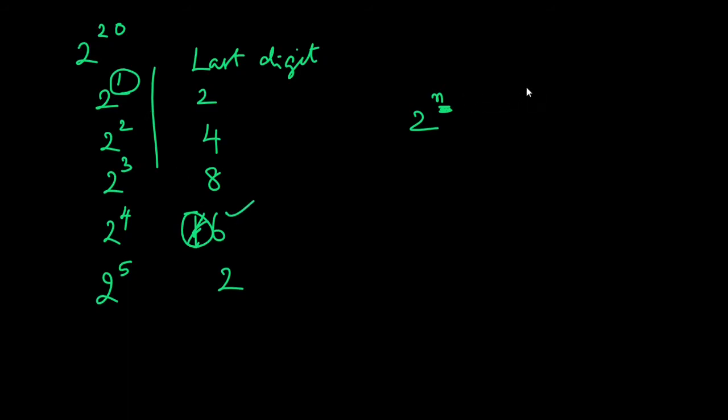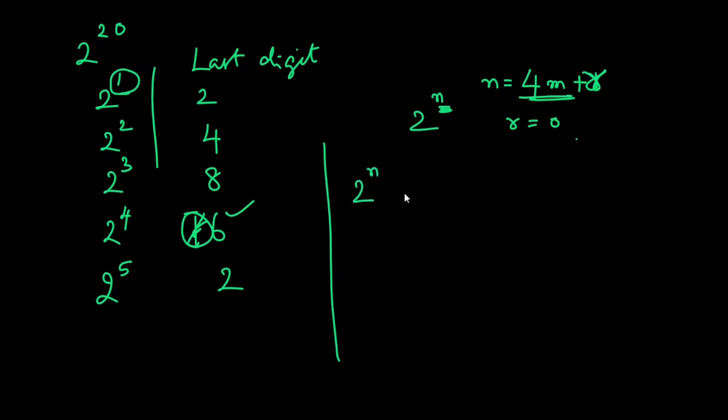So if we are able to write n as 4m plus some remainder r, if r is 0, that means it is divisible by 4, the last digit is 6. So 2 power n, where we are able to write n as 4m plus r for some m.